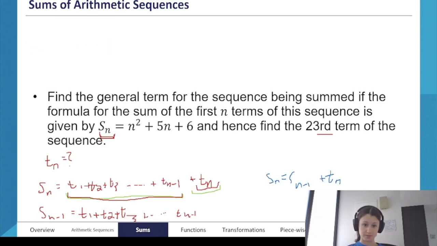So we took this over here, and we got Tn is equal to Sn take S of n take 1. Which makes sense, right? Because if we have our Tn and we're minusing away all this stuff in the middle, we're just going to be left with Tn.